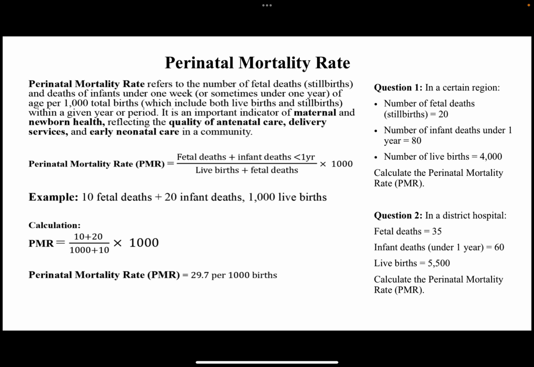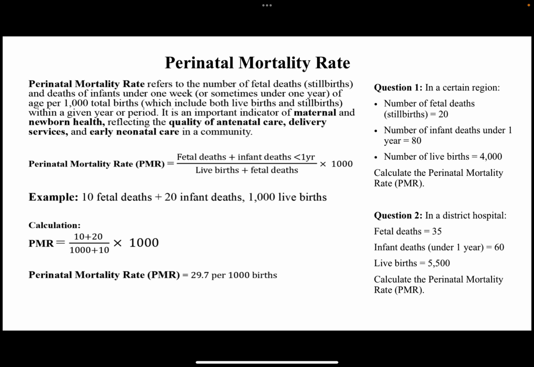And if it's very high, it also tells you there is a possibility of inadequate antenatal care or unsafe delivery practices. So calculating this is very important, especially to the midwives or the obstetricians, the perinatal mortality rate.